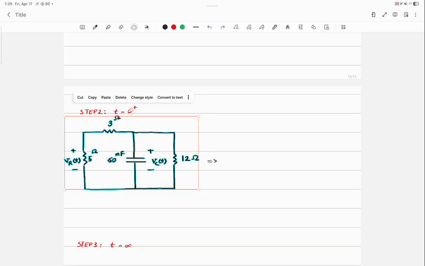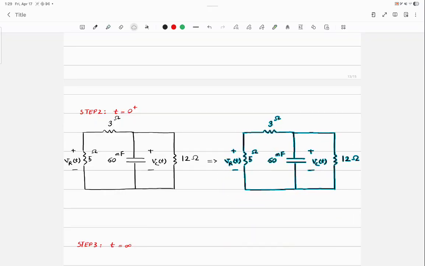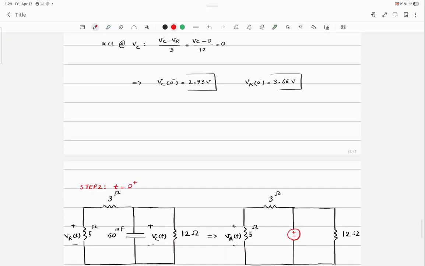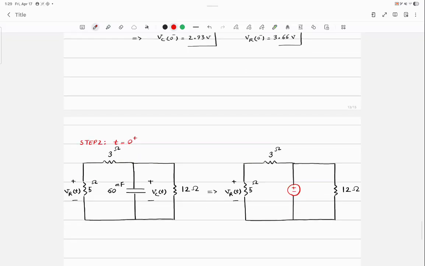Replace the capacitor with a voltage source. What is the value of the voltage source? I don't know, 2.93.